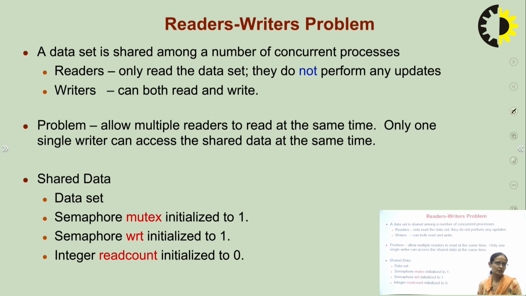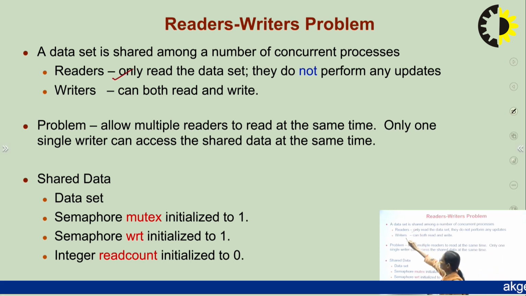Another problem is the readers-writers problem. Here the data set is shared among a number of concurrent processes. In the case of the producer-consumer, we have one process acting as a producer and another process acting as a consumer. But what is happening here? We have a set of processes which are termed as readers and a set of processes which are termed as writers.